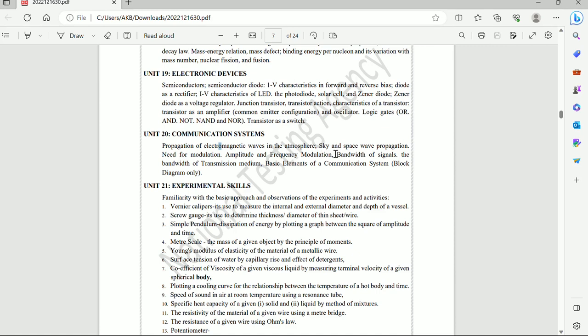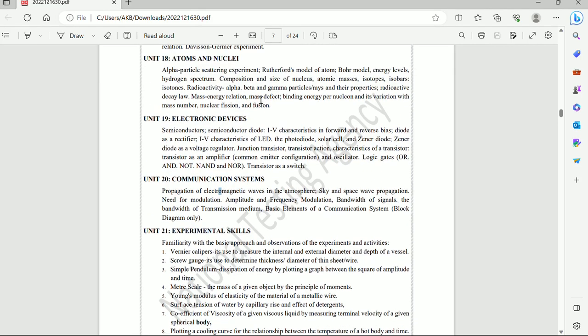These are the topics that are covered in the communication systems. Before that, there is the topic called electronic devices like semiconductors, semiconductor diode, first to fifth characteristics, etc.